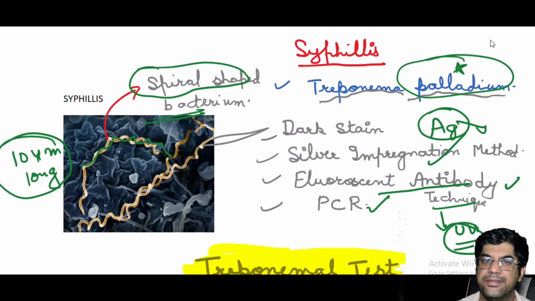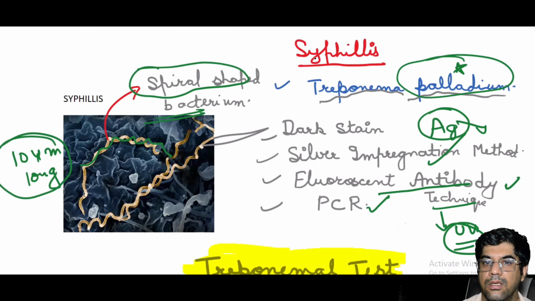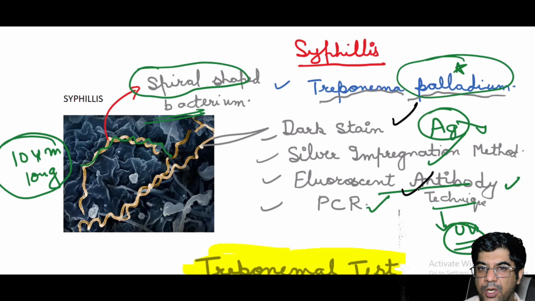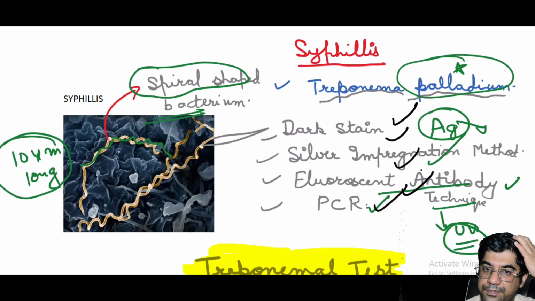Now, what are the techniques that we can use to demonstrate the Treponema pallidum? The answer is we can use dark ground illumination, fluorescent antibody technique, silver impregnation method, and the PCR method.